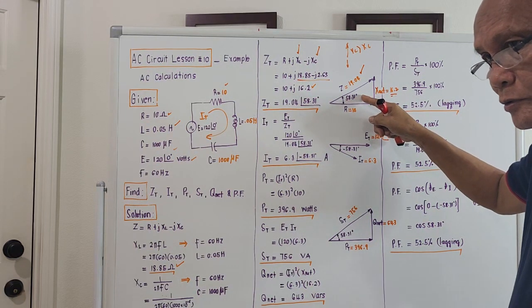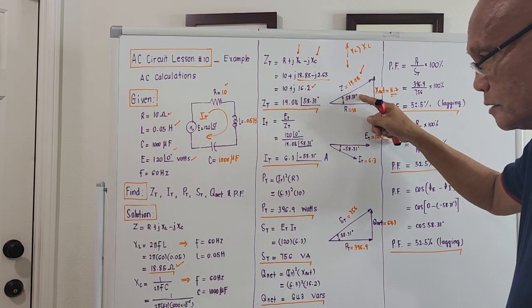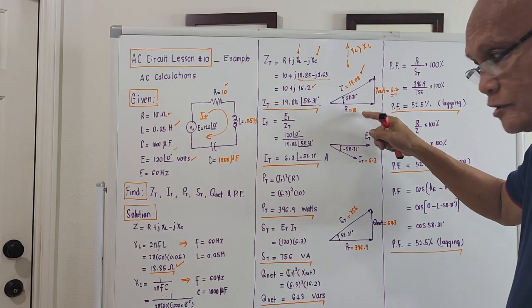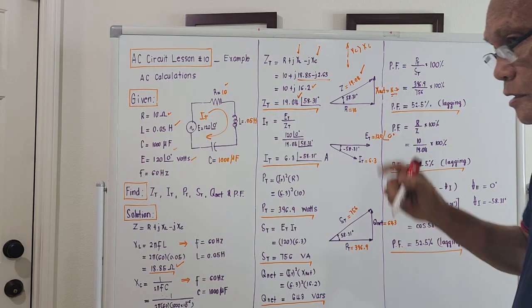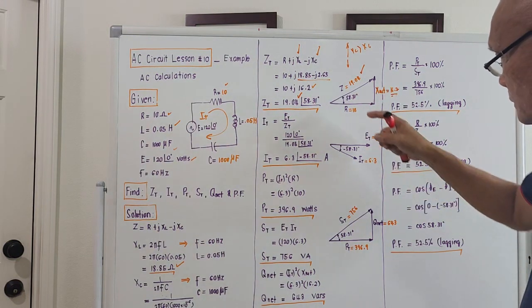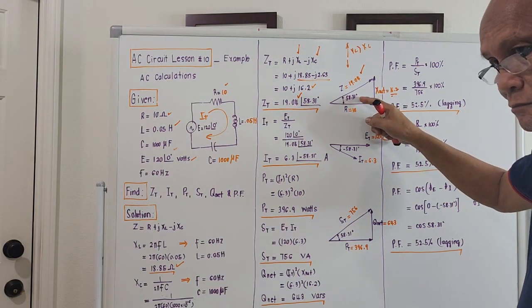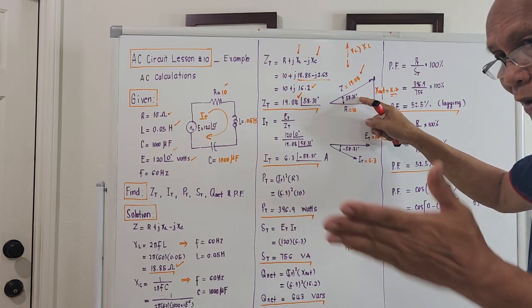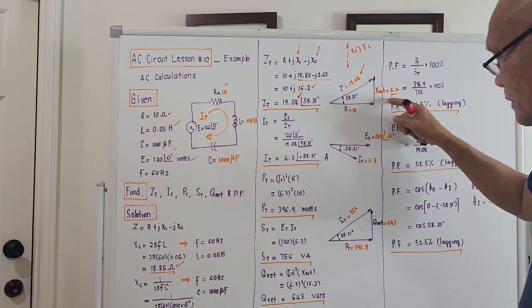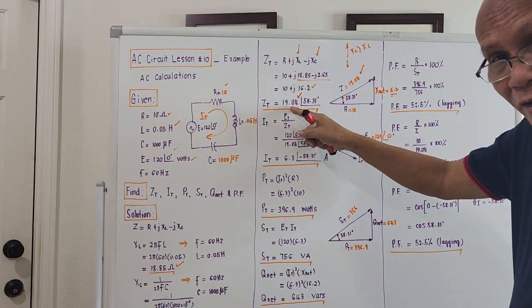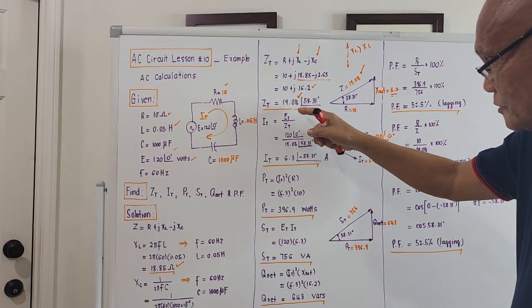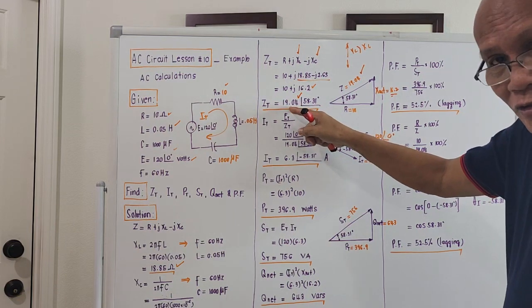To solve for the magnitude, take the cosine of this and divide the resistance by it, and what will come out should be 19.04 as a first solution. Second solution, take the sine of 58.31 degrees and divide X net by it. What will come out will still be 19.04 ohms. That's the magnitude. This is the value needed in the computation of the total current.